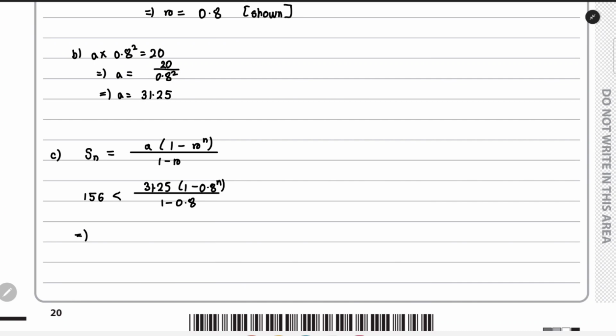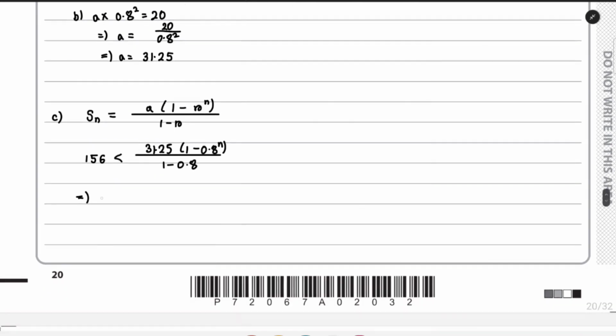We can cross multiply over here. When we have an inequality, when we cross multiply, we go like this. This diagonal stays on the left, this diagonal goes to the right.